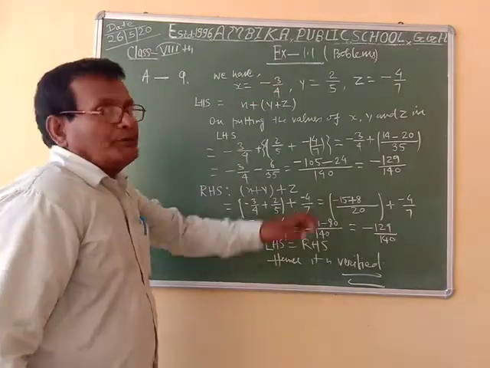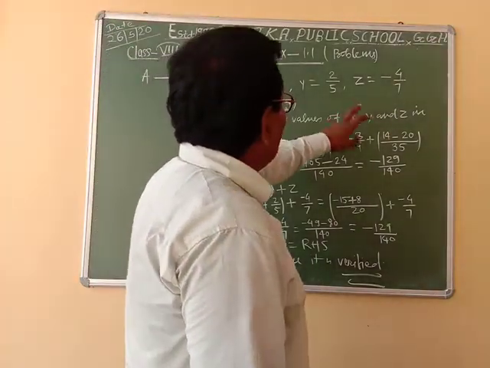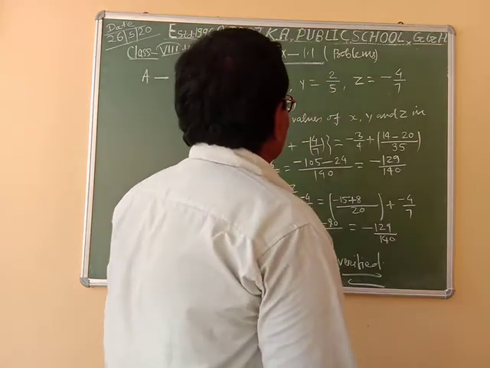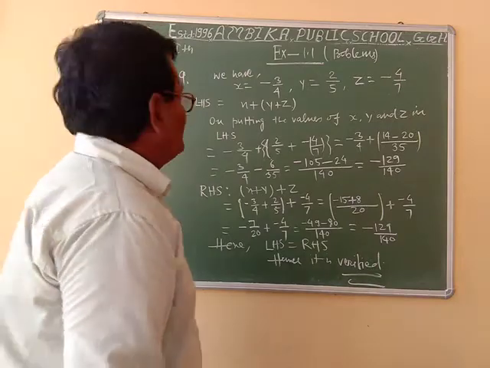Here the values of x, y and z are given: minus 3 by 4, 2 by 5, and z is equal to minus 4 by 7. And LHS is equal to x plus y plus z.